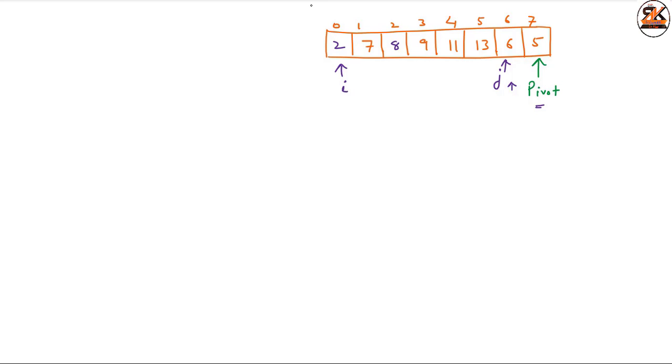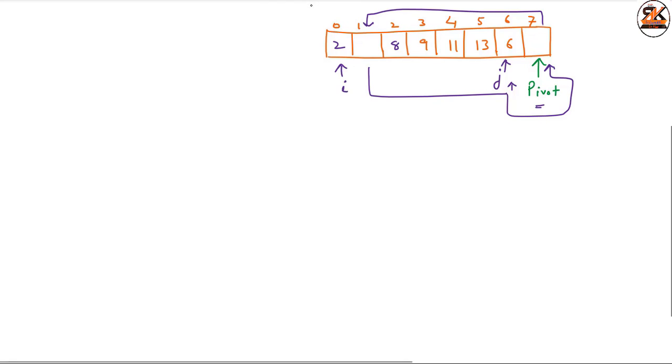So in that case 7 will go to this position and 5 will come to this position. Fine. And after that what we will have 5 here and 7 will go here.